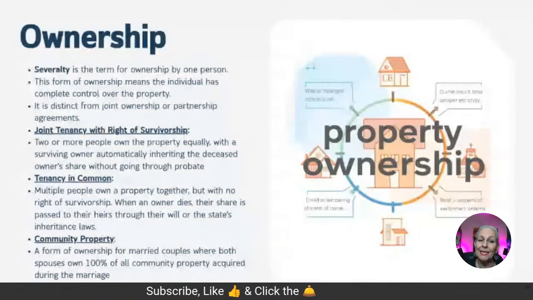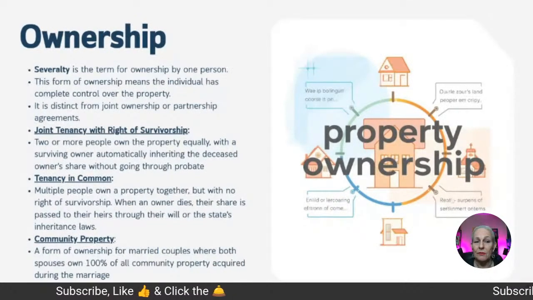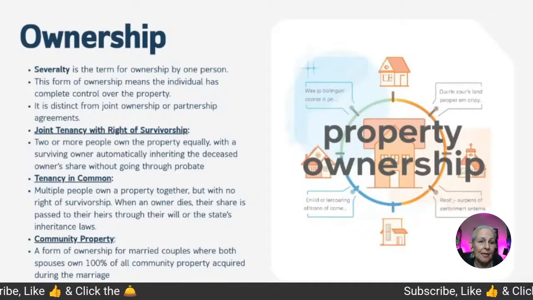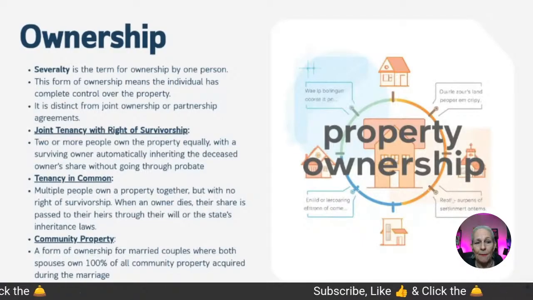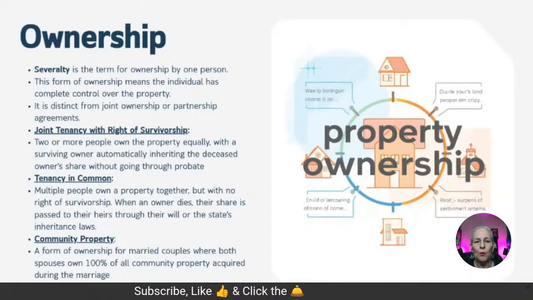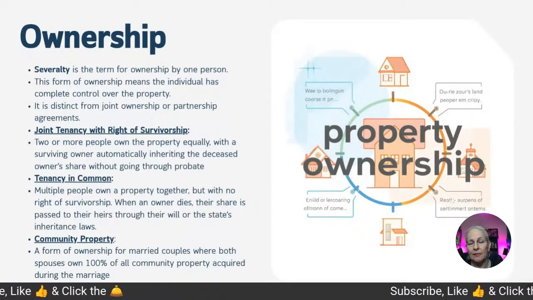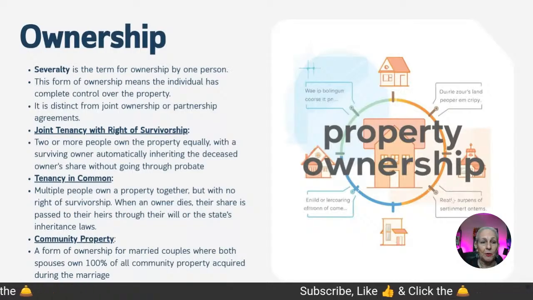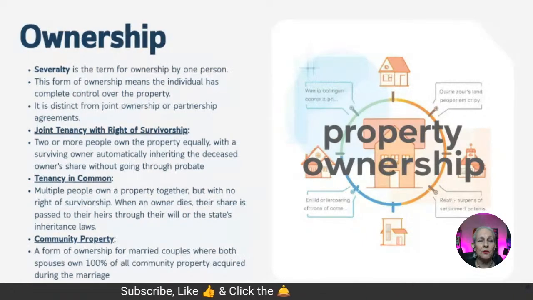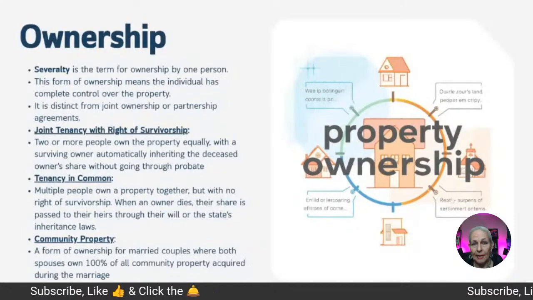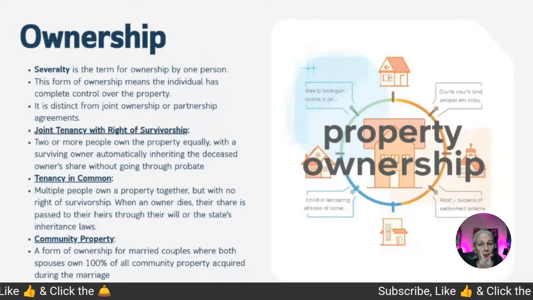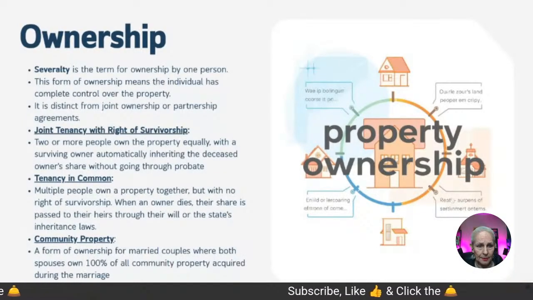A tenancy in common. So they have something in common. They're tenants in common. So they're owners in common. Multiple people own a property together with no right of survivorship, meaning if one of them dies, it doesn't go to the other partner like it does in joint tenancy. It goes to their heirs or whoever they want to have that property that they put in their will or their trust.